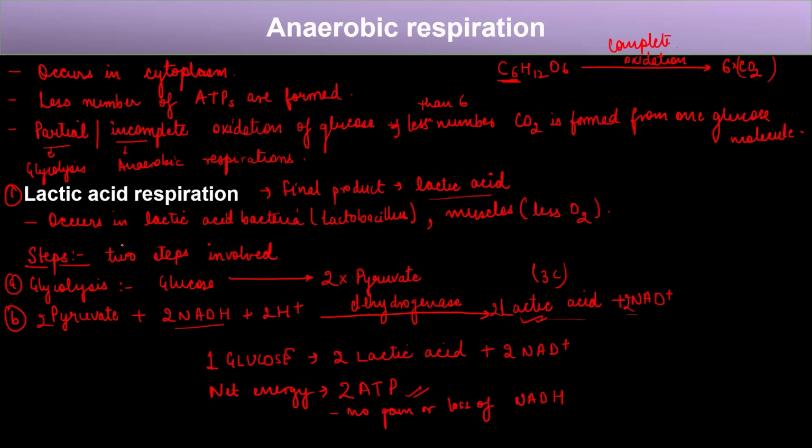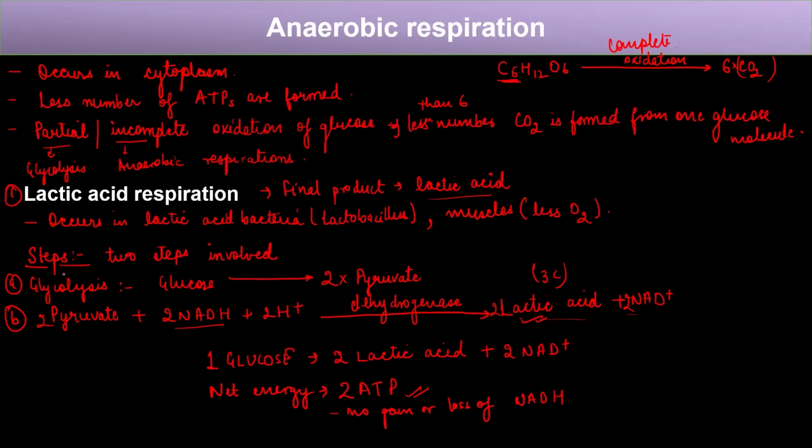And this lactic acid respiration occurs in lactic acid bacteria such as lactobacillus and in muscles. Because in muscles during exercise, we have less oxygen. Okay. And because of this, the respiration pathway switches to anaerobic respiration.